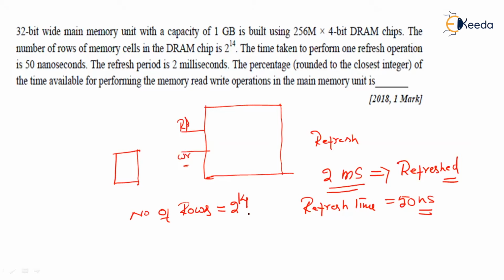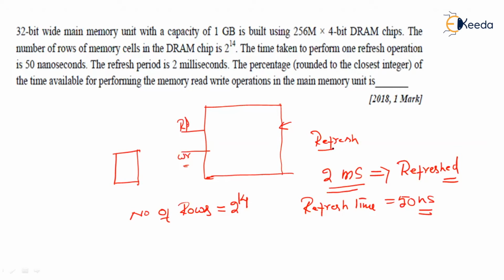Now the question is, if you subtract this maintenance time, how much total time will be available for productively performing read and write? There is refresh time, and the refresh time is just a maintenance time.